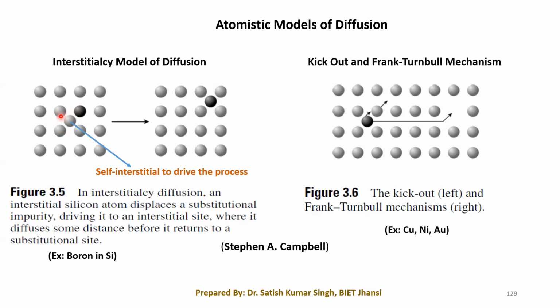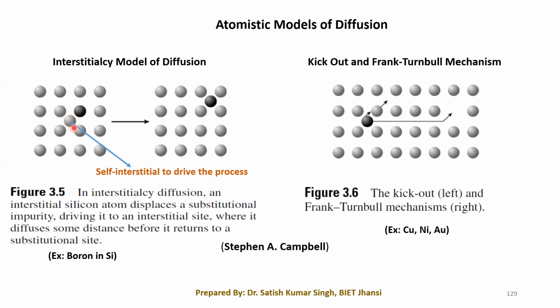And what it will do is push this particular impurity atom into the interstitial spaces, and then it will occupy the substitutional site. So initially the picture was this, in which this impurity atom was sitting at the substitutional site, and at a nearby place there was one host atom like silicon sitting at the interstitial space.